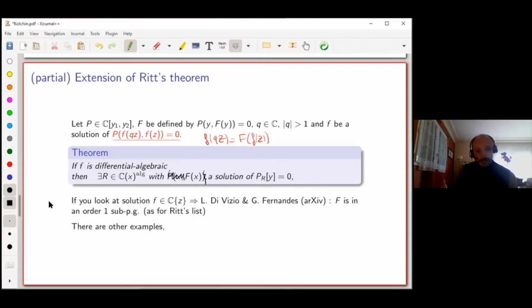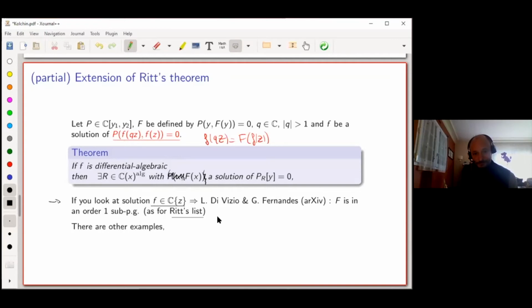So I think 3 or 4 weeks ago, Lucia Di Vizio and Gladys Fernandez put on arXiv an article where they have a much more precise result, assuming that your solution f is a convergent power series. Then they can prove that, in fact, this f is in an order 1 sub-pseudogroup, as it is for Rettner-Lisp.